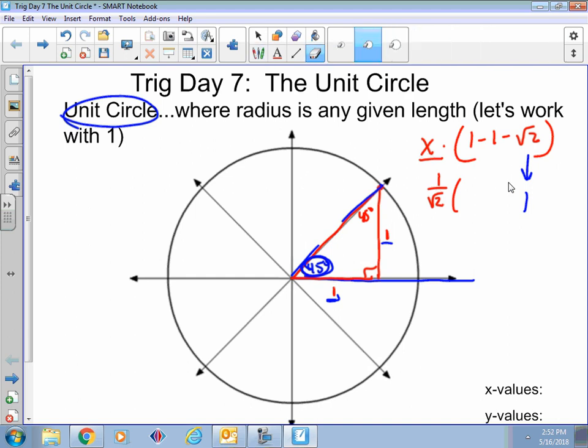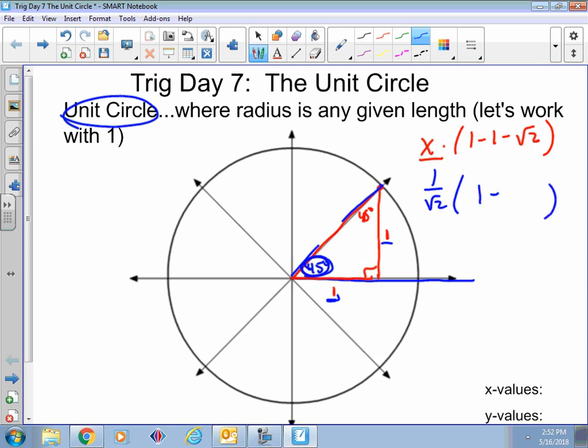I multiply each of these numbers by that. I get 1 over root 2, 1 over root 2, 1. And then if I rationalize this, root 2 over 2, root 2 over 2, 1.